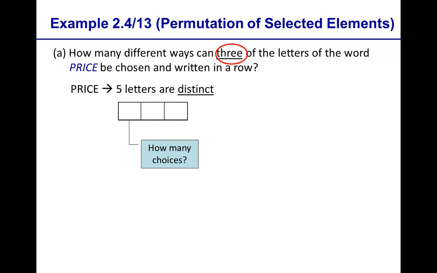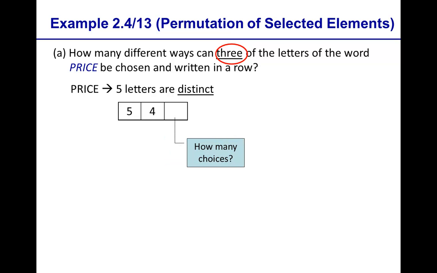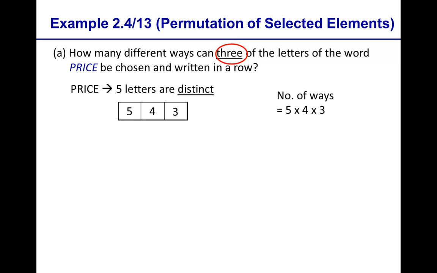Well, there are 5 distinct letters, none of which have been used yet. So 5 choices, of which we pick 1. So how many choices here? 4. And how many here? 3. And the number of ways is equal to 5 times 4 times 3, or symbolized as 5P3, which is 60.